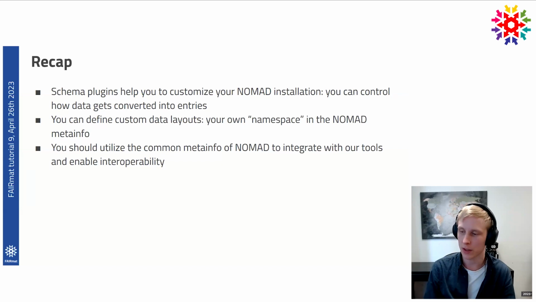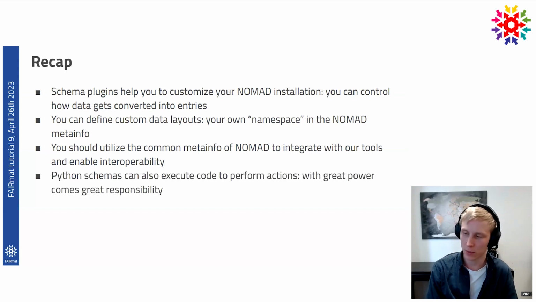The community is expecting this, and you're enabling interoperability by using these as much as possible. The Python schemas can execute code to perform all kinds of actions, but you have to be careful when developing these so that you don't do anything destructive.